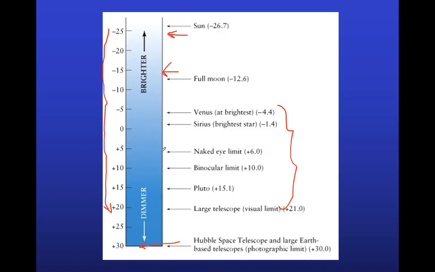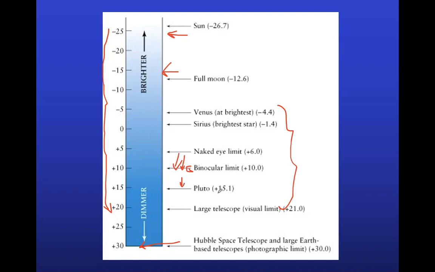But when you reach the plus 6 limit, which we call the naked eye limit, you cannot see anything beyond this point with your naked eye. So you need some kind of telescope. The binocular limit is right here. With good binoculars, you can go up to magnitude 10, and anything after that you cannot see even with binoculars, right?